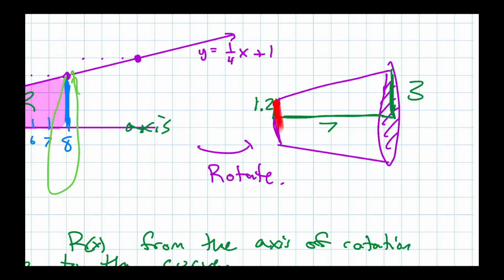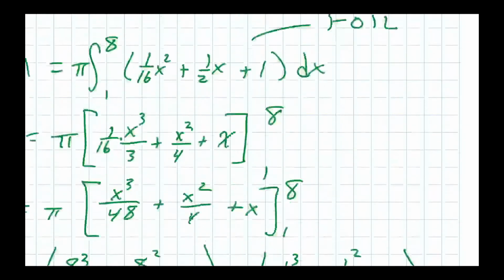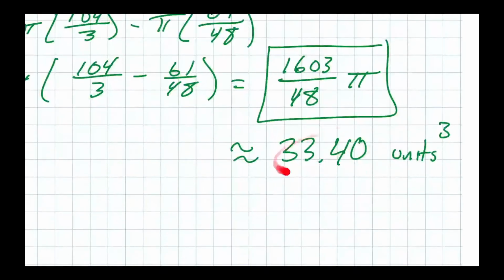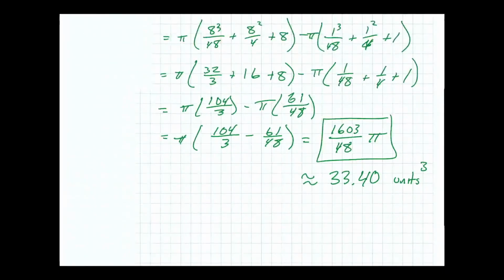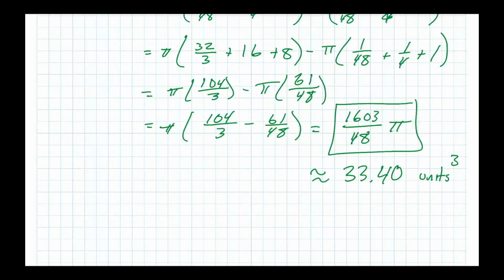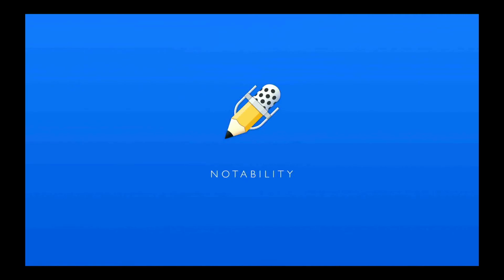If you use the little circle, 1.2 radius, you still get a bigger number than 33. There's no way this could be 33, and I said that I thought I made a mistake. The only mistake that I made in this math from the previous lecture was I just didn't put the pi in here. That's all. So just be aware of that.